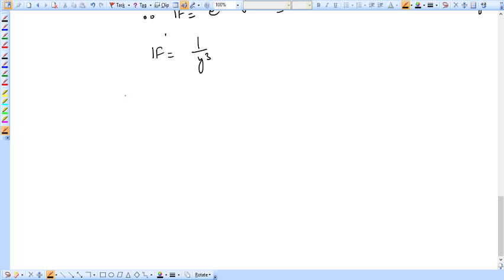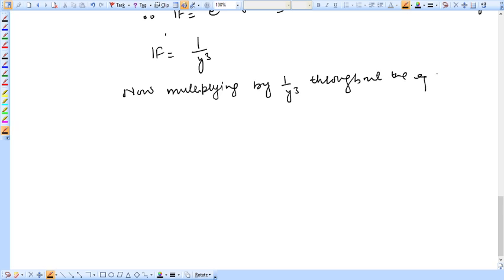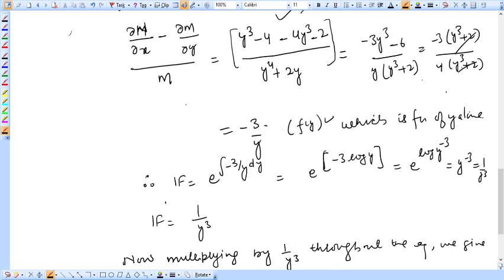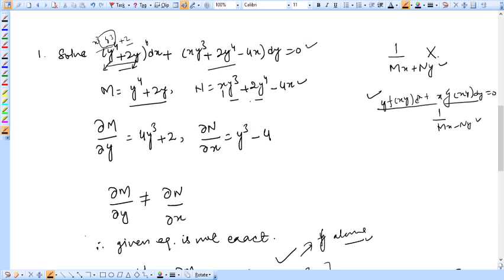So now multiplying by 1 over y cube throughout the given equation, which equation? The first equation, so let us call this equation number 1.